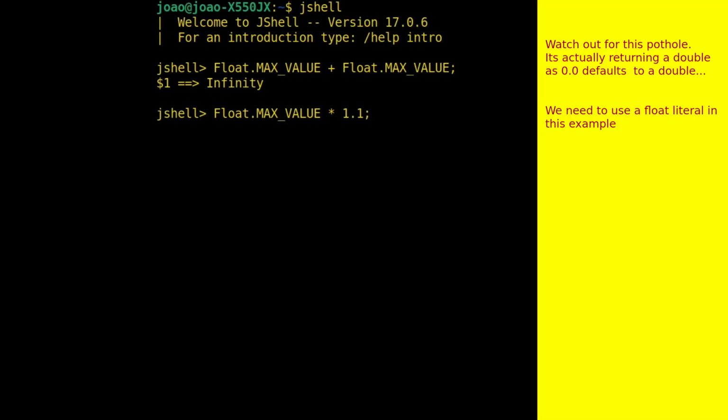Watch out for this pothole. The 1.1 there, the default is a double since it hasn't got a suffix. So the value is a double, so it doesn't overflow. So we should actually have used the float literal there.